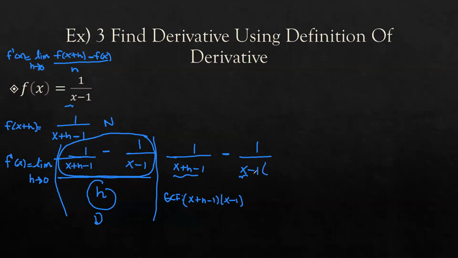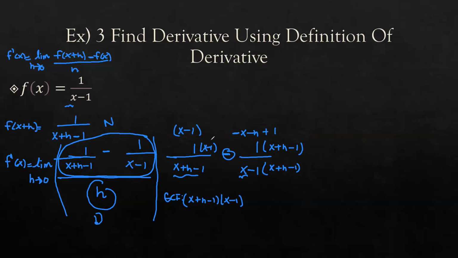Over here, it's missing an x plus h minus 1. Over here, it's missing an x minus 1. So on the top, 1 times that is x minus 1. And then, do you see this minus? Just distribute that minus. So it's going to be minus x minus h, and then a minus times a minus 1 is a positive 1.